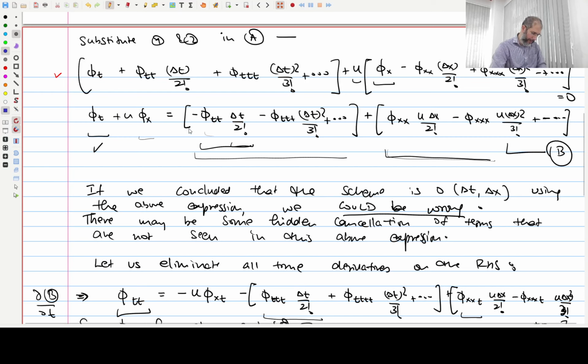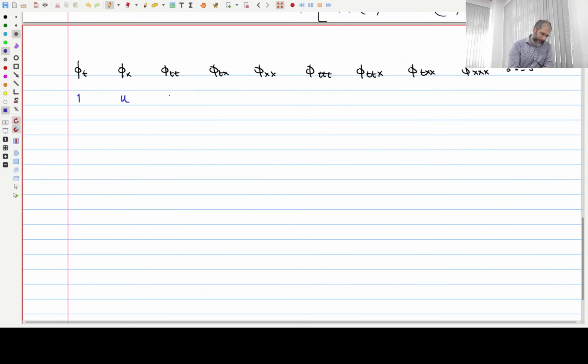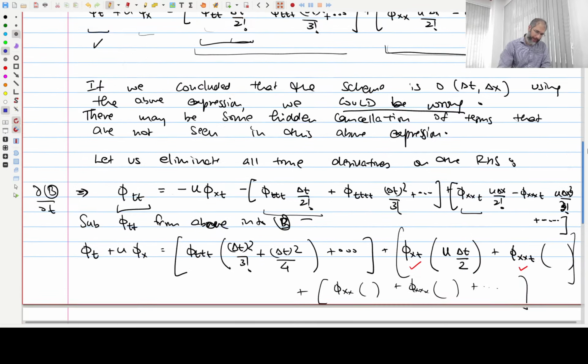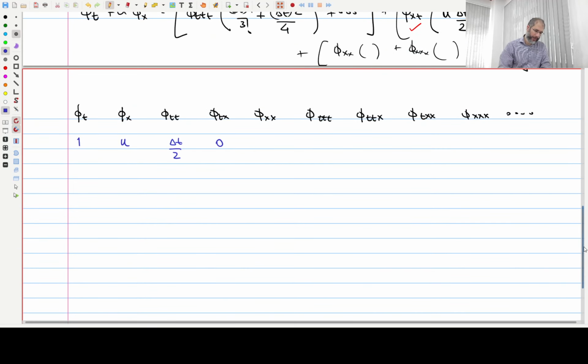Here we have the coefficient of phi tt as delta t by 2 factorial with a negative sign. Since I move it to the left hand side, it becomes delta t by 2 factorial with a positive sign. So I get delta t by 2. What about phi tx? That was not there in the original equation, so the coefficient was 0. Phi xx was there. Phi xx had a coefficient of u delta x by 2, so this now becomes minus u delta x by 2.